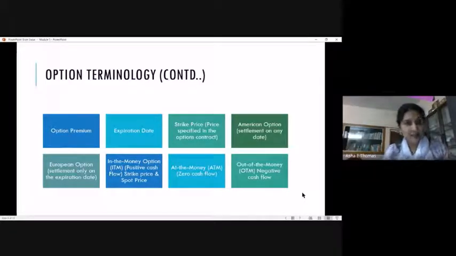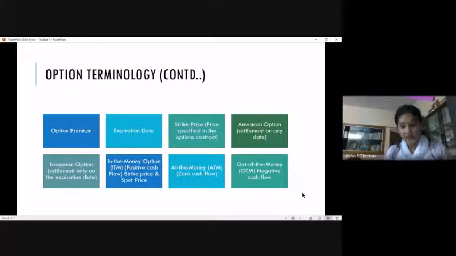That is the premium which is paid by the person who is purchasing the right to exercise an option from another party. Say if A is in long position, B has sold his right to purchase an asset to A. In that case, A in return will be paying B a premium for selling this right.